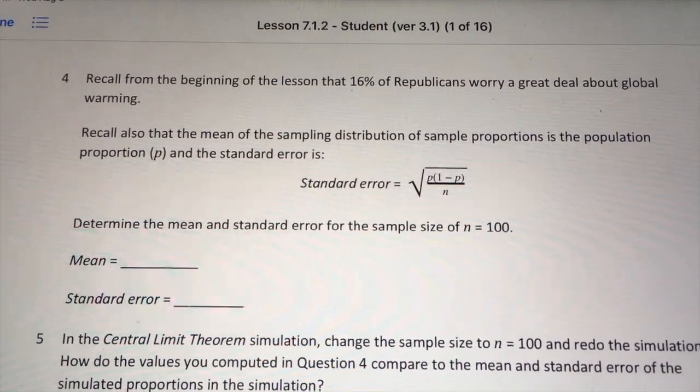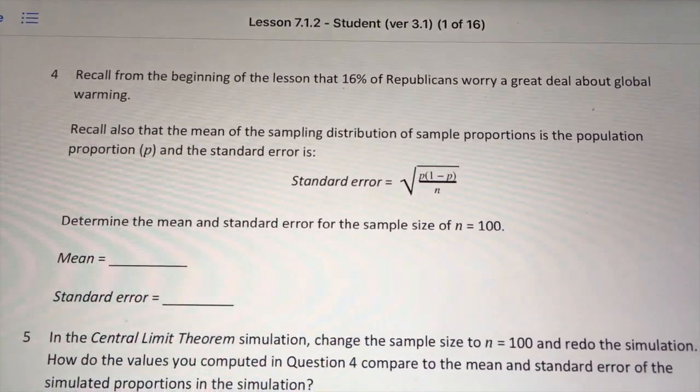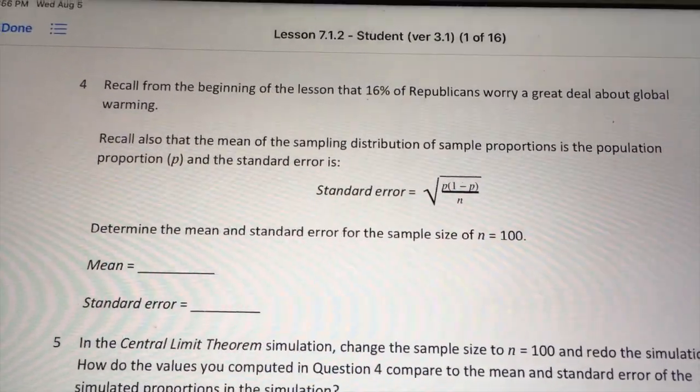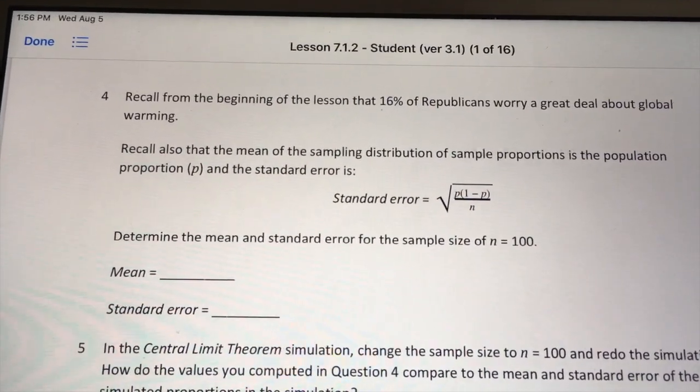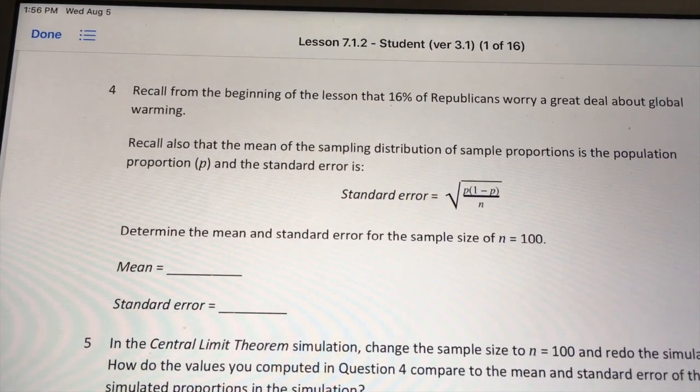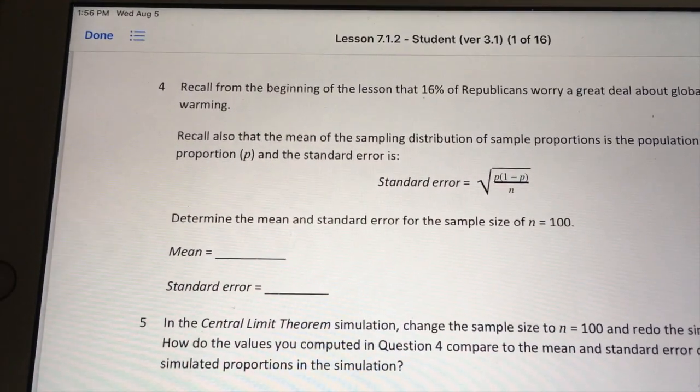And then for the next one, we're going to look at the computer simulation and see if we get a similar answer. So it says determine the mean and standard error for the sample size of n equals 100.